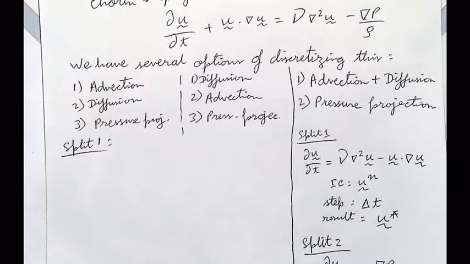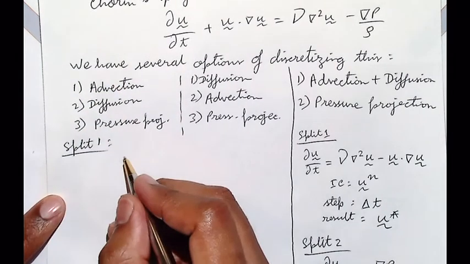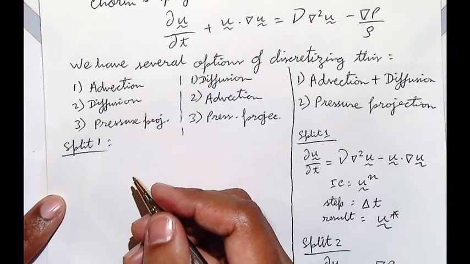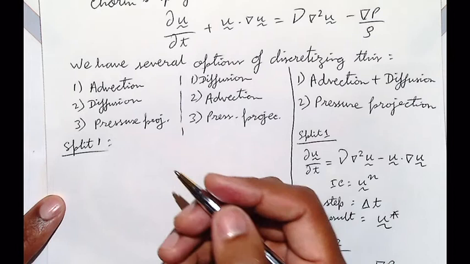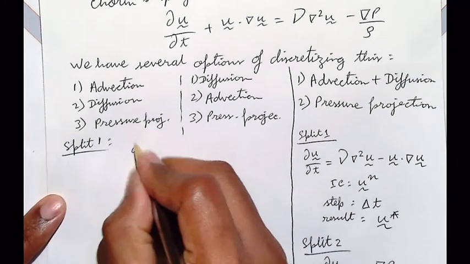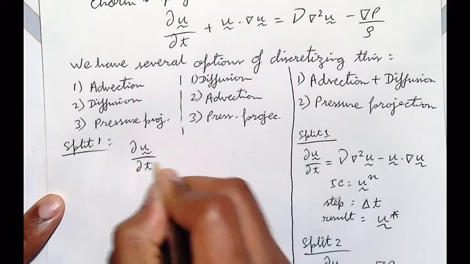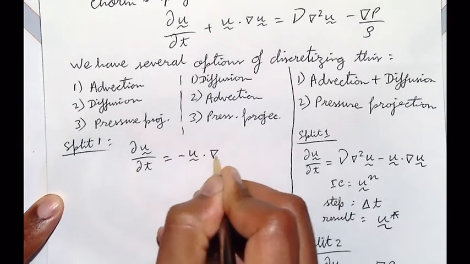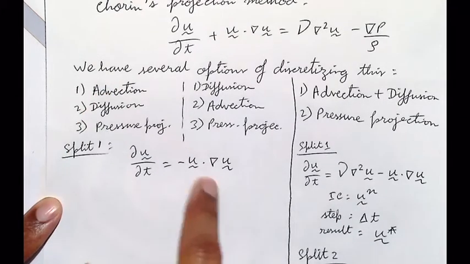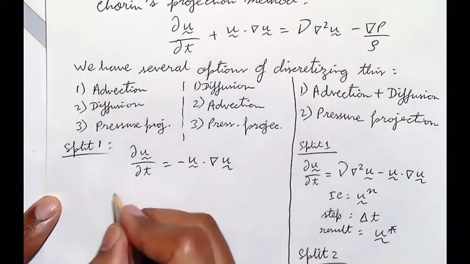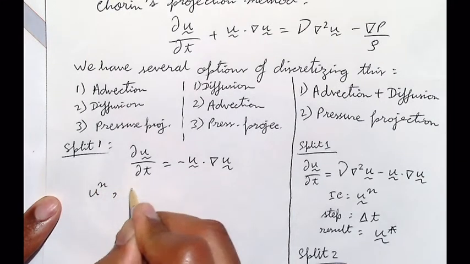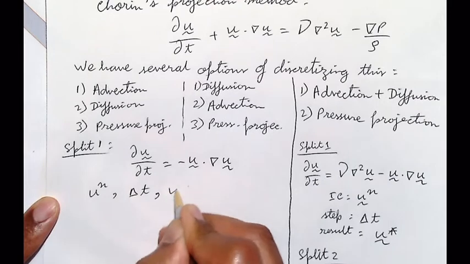What should I write? du/dt is equal to minus u dot nabla u. So split one will take only advection into account, and ignore the others. Initial condition u n, step size delta t, result u star.